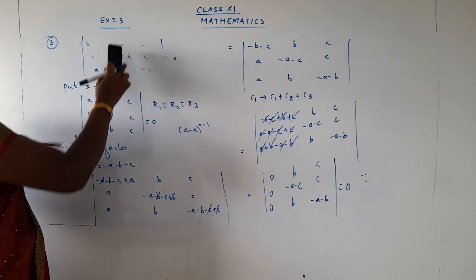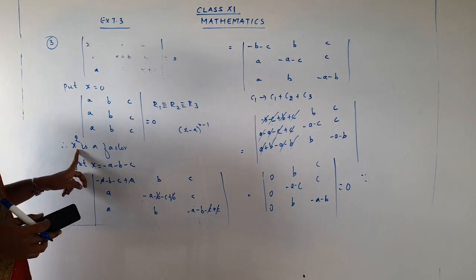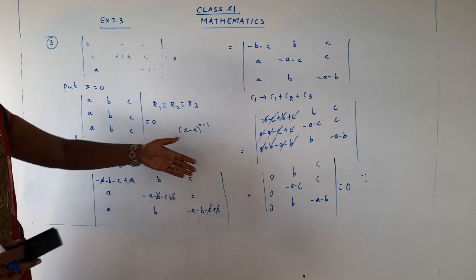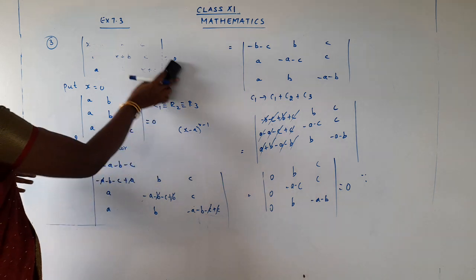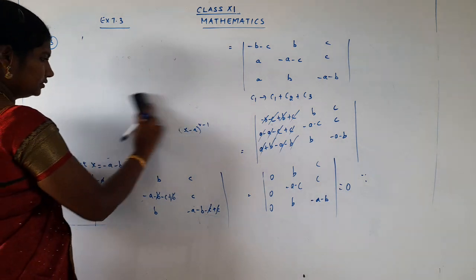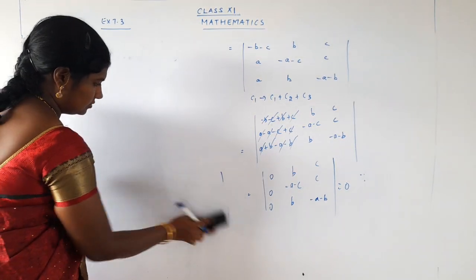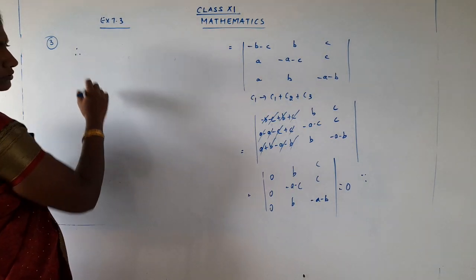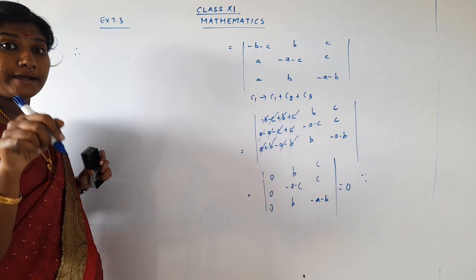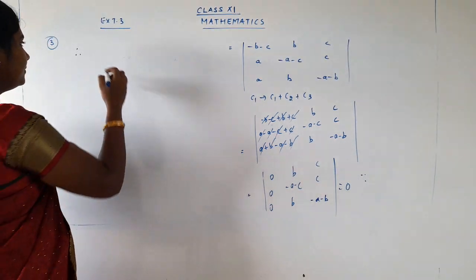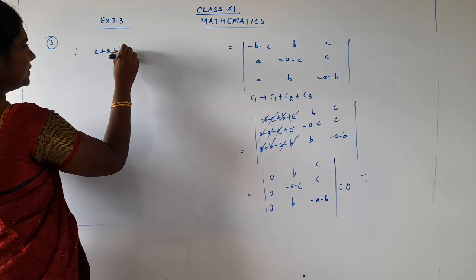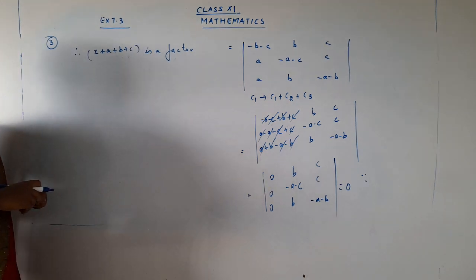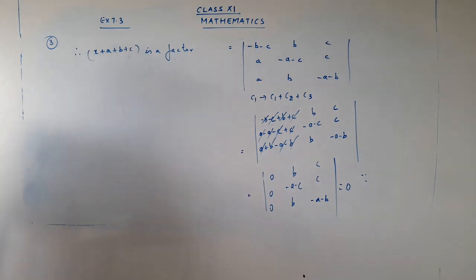See, when you put x is equal to 0, you have taken that x is a factor. Now why am I writing x square? Because I have 3 rows to be identical. But here I don't have anything like that. So what will I do? Therefore, I start with x is equal to minus A minus B minus C. So I put x plus A plus B plus C is a factor.